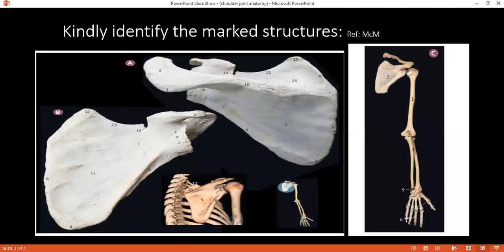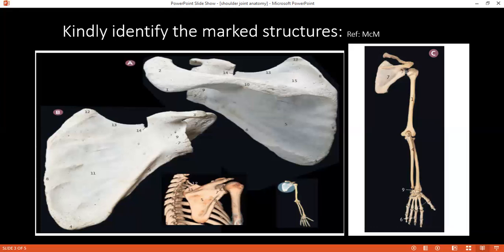While in the dynamic, there are the tendons of the rotator cuff that consist of supraspinatus, infraspinatus, teres minor, and subscapularis, and the deltoid.